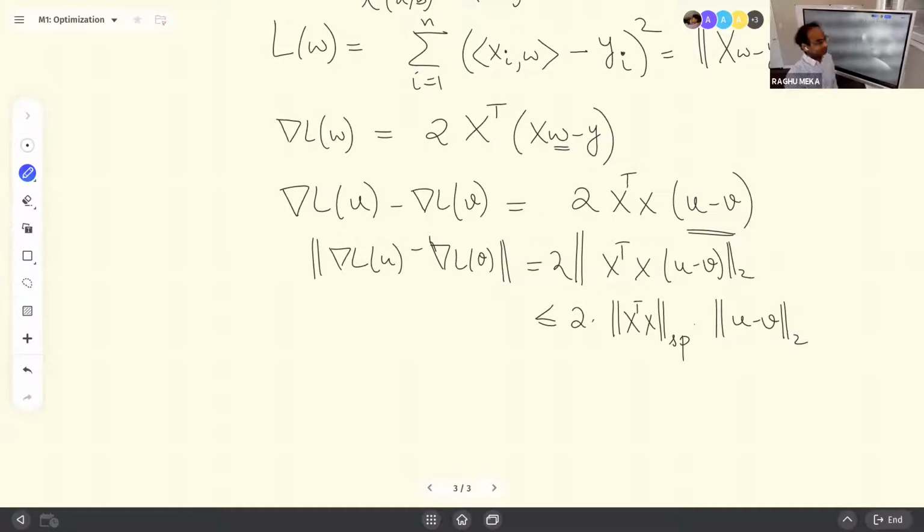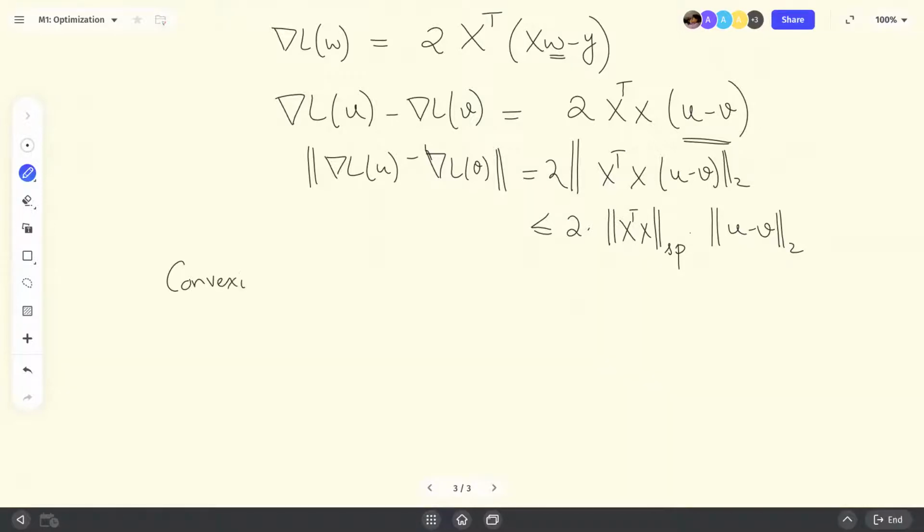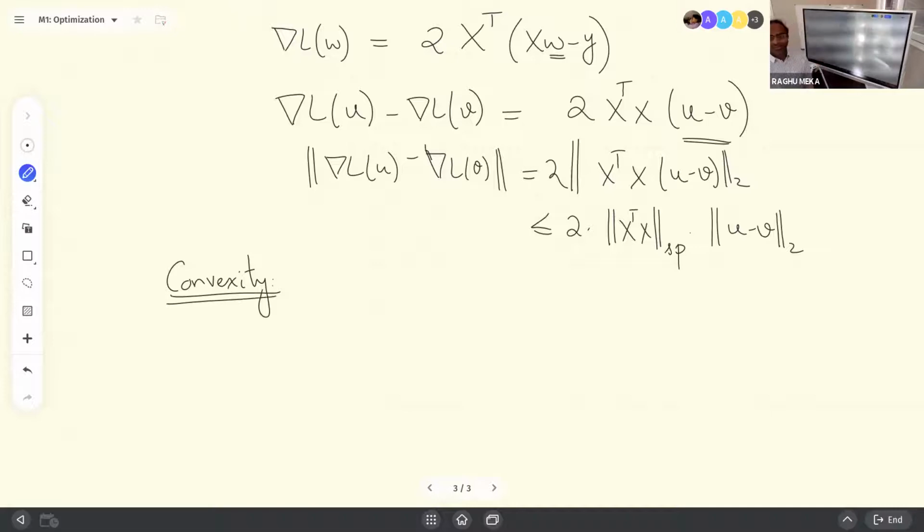Alright, but how about convexity? Do you think the least squares cost function is convex? Yes, quadratic, exactly. One of the reasons convexity is so widely useful is that it has some closure properties, meaning that when you compose some functions which are convex, you'll also get a convex function.